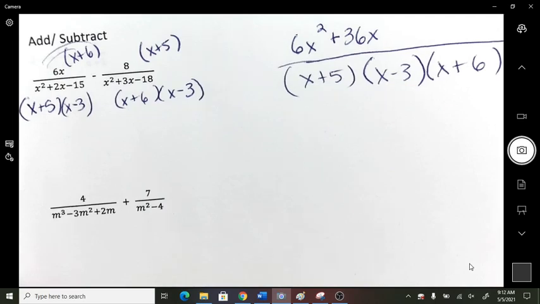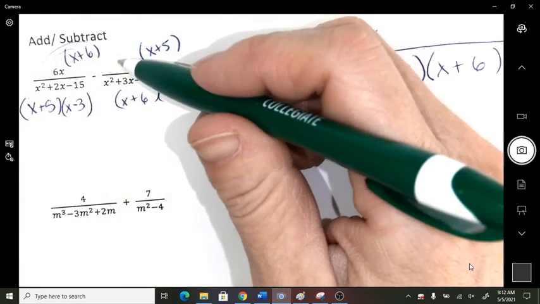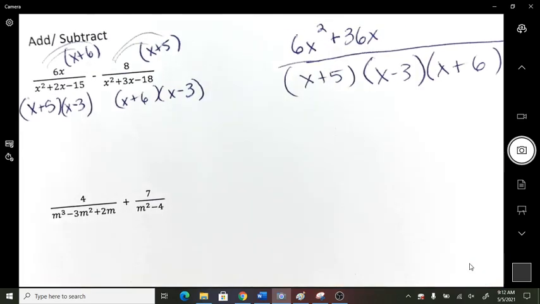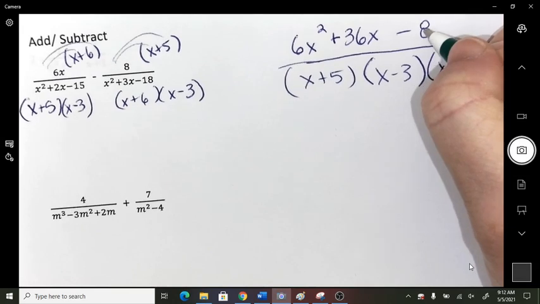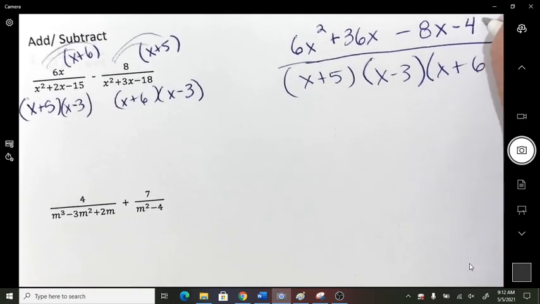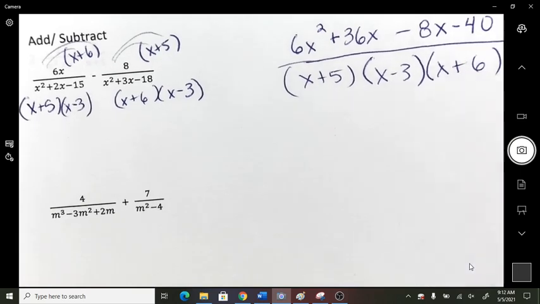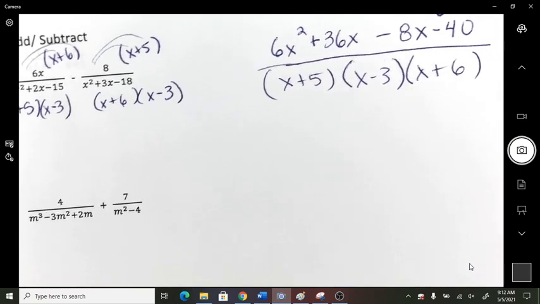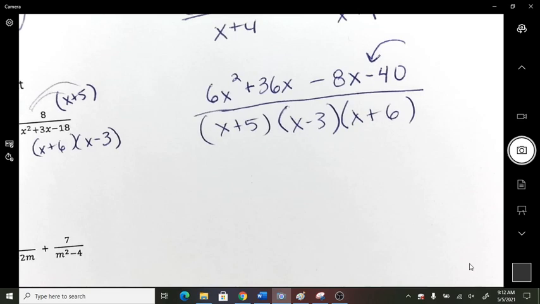So 6x squared plus 36x. Distribute the second one. And did I catch any of you? Right?